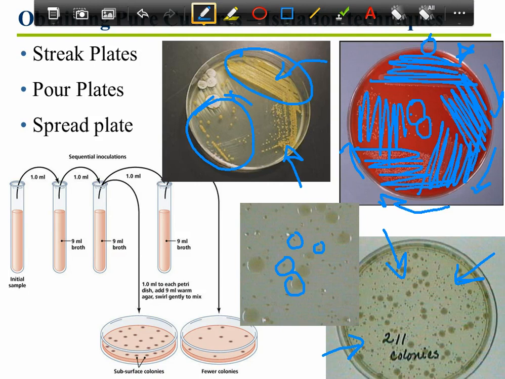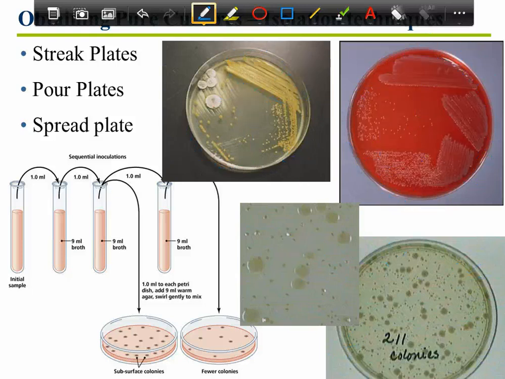Now, there's also spread plates. A spread plate is the same thing as a pour plate, except that the specimen is only put on the surface of the agar plate instead of being poured into the agar. Now, as I mentioned, with these two streak plates up here, you have to dilute out the sample, and as you streak around the plate after flaming, you get a dilution of cells, which gives you fewer colonies.